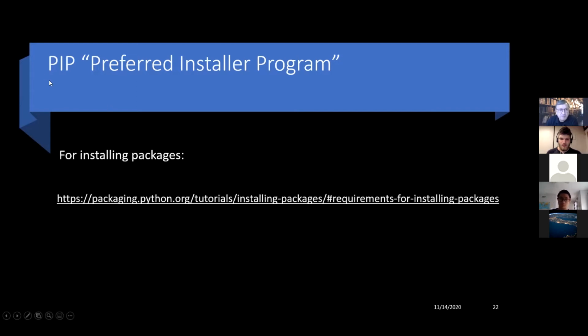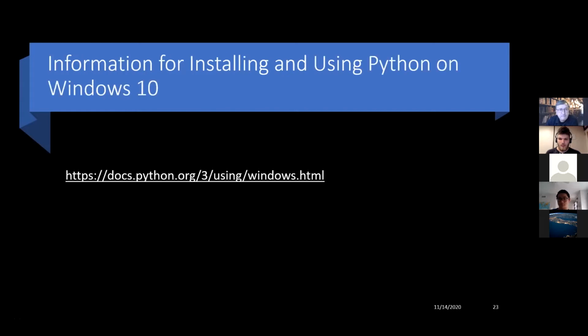The installer program is referred to as PIP, Preferred Installer Program. There are other third-party installers for installing Python modules and packages. And here's specific information for installing Python on Windows 10 that you can go to.